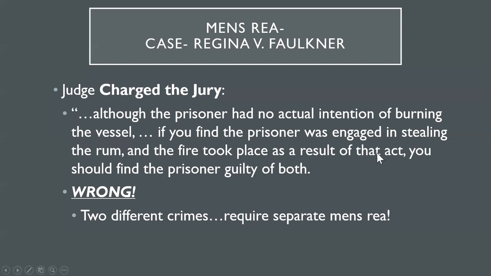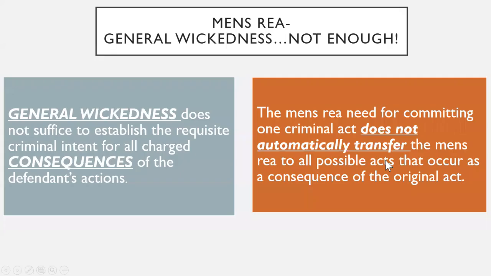We have the crime of arson and we have the crime of the felony of stealing the rum. There needs to be a mens rea for both. And what if the mens rea is the same? Well, in this particular case, it wouldn't be the same. How do we know that? Because what do we know by the very few facts that we have?